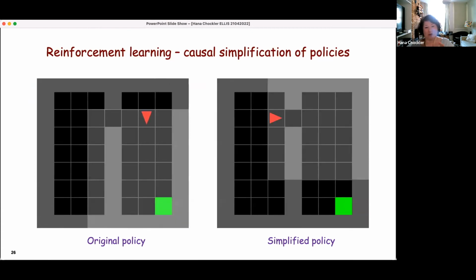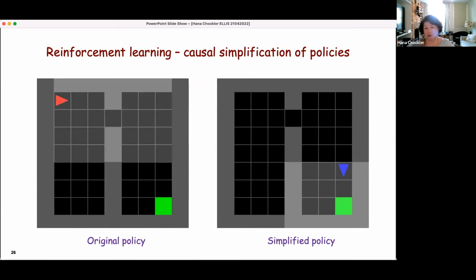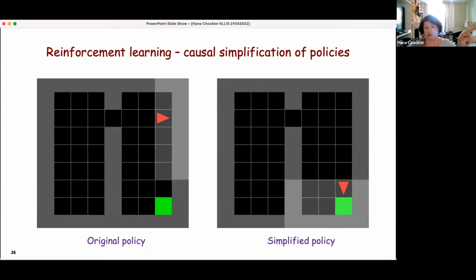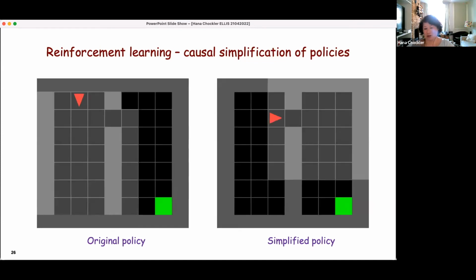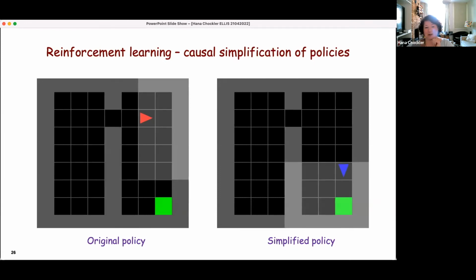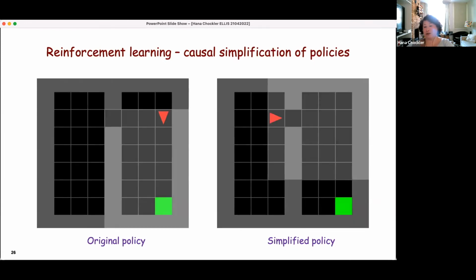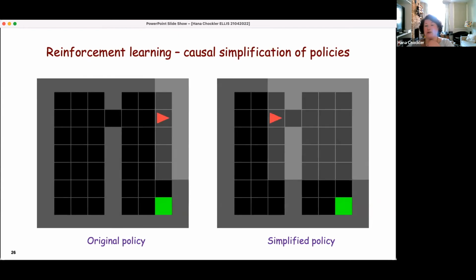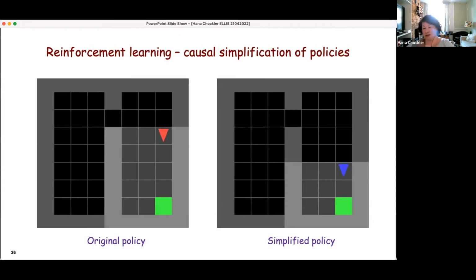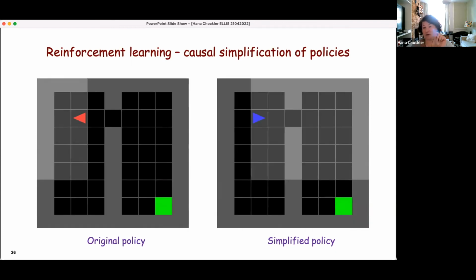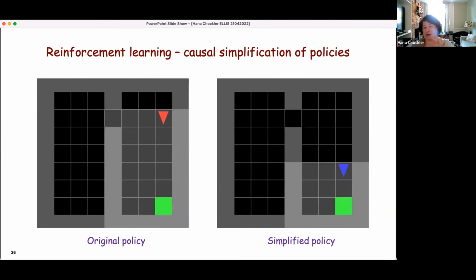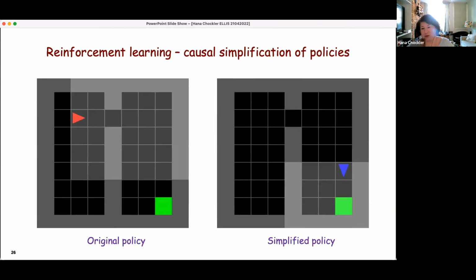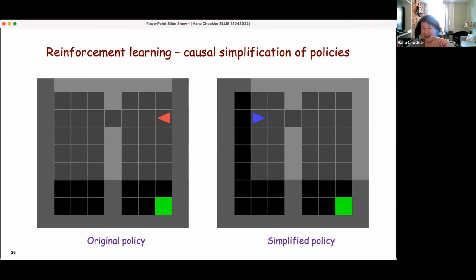On the left, you have the original reinforcement learning policy that goes from the top left corner, passes through the gate and reaches the end, the green square. And on the right, you have a simplified reinforcement learning policy, where the arrow is blue in those places where it just uses the default, which is a random step or following the previous step, which has nothing to do with the actual learned policy.